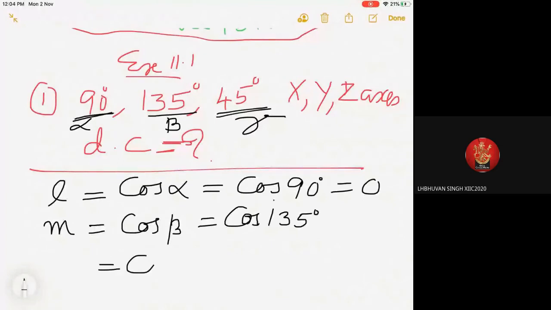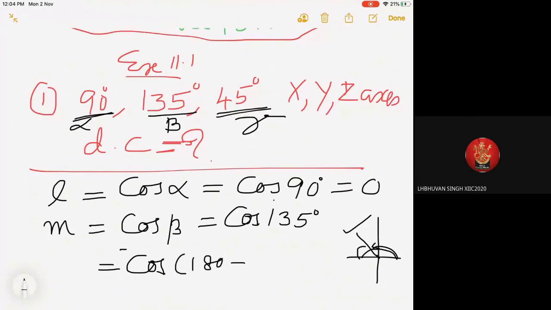You know how to reduce the angle. 135 is coming in the second quadrant, right? So in the second quadrant the angle is split as 180 minus something, and the sign will change also.